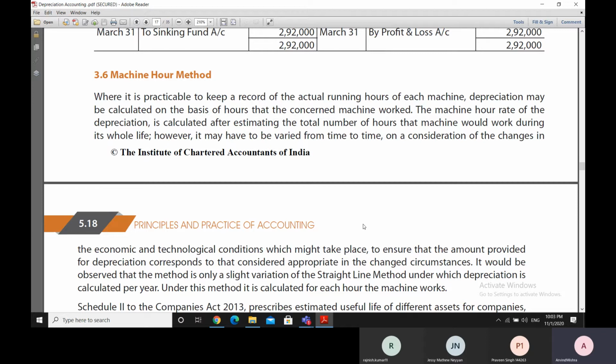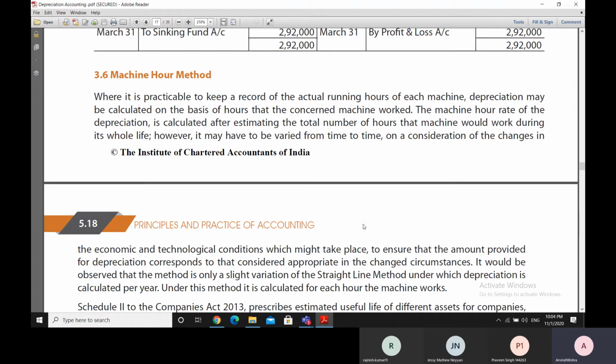However, it may have to be varied from time to time. It is not necessary that it will be the same every year. Because whenever economic and technological conditions are changing, the machine hour rate may change, just to ensure that the amount provided for depreciation corresponds to that amount which is considered appropriate in the changed circumstances.